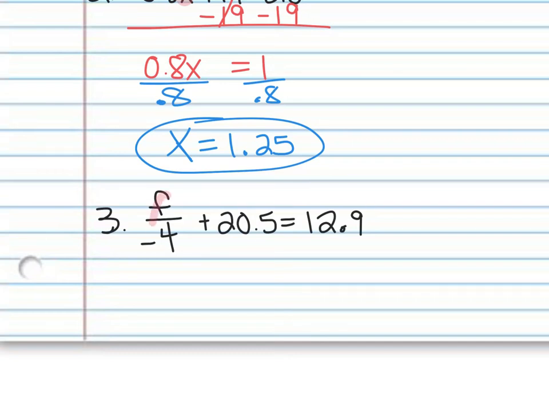So I'm going to leave my f divided by negative 4 until the very end, and I'm going to first work out this plus 20.5. So to move that, I need to do the opposite of adding 20.5. So I'm going to subtract 20.5 on both sides.